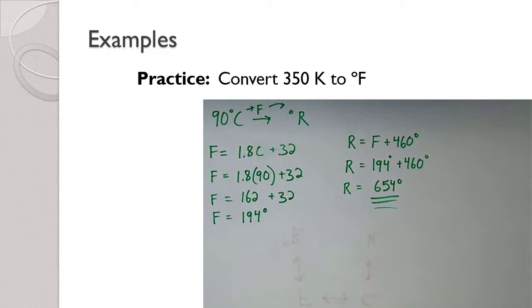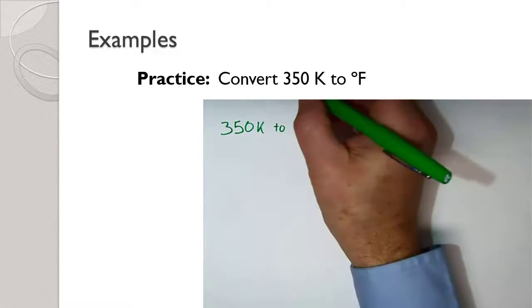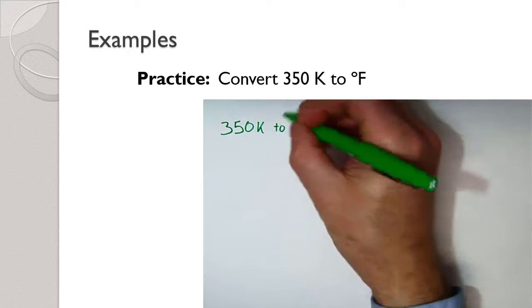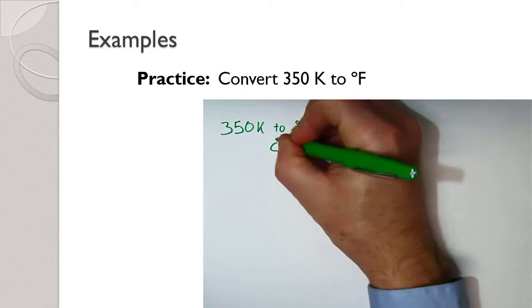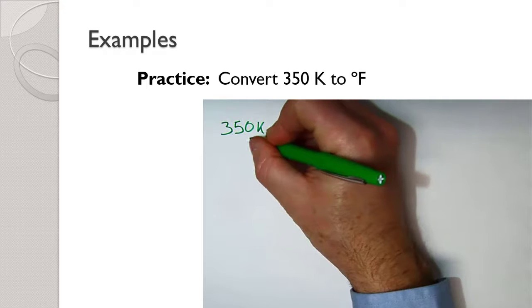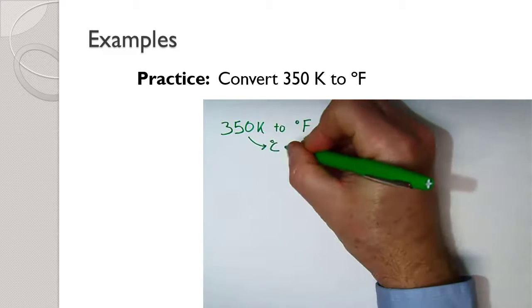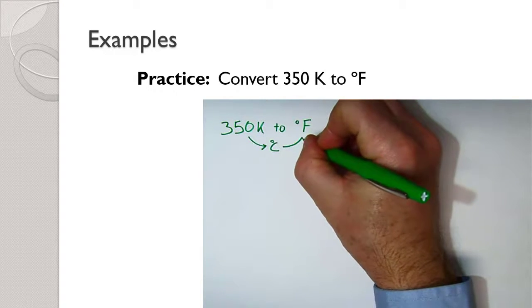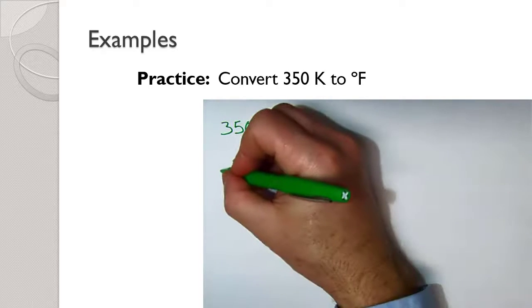Okay, well, I would like you to try just one of these. Take a minute and pause the video, see if you can convert 350 Kelvin to degrees Fahrenheit. Unpause to see if you get the correct value. Okay, well, to perform this conversion, we're going to have to go through degrees Celsius. So we'll go from 350 Kelvin into centigrade or Celsius, and then we'll convert that to Fahrenheit.